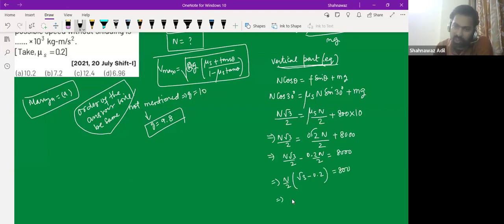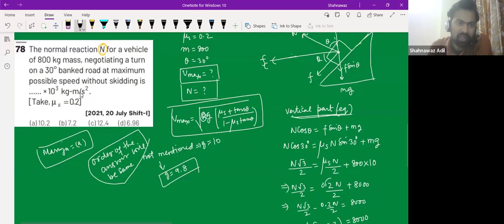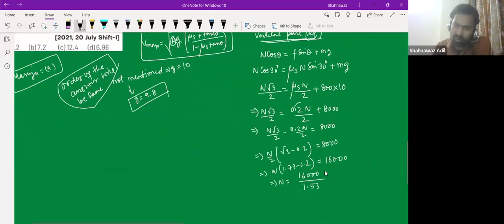Root 3 is 1.73 minus 0.2, and this goes to the other side, so 16,000 divided by 1.53. So we have to write this as 16 into 10 to the power 3 divided by 1.53.